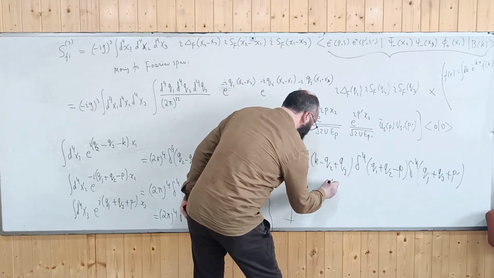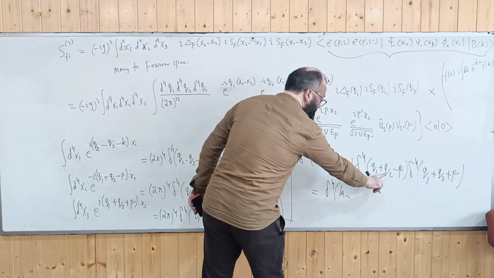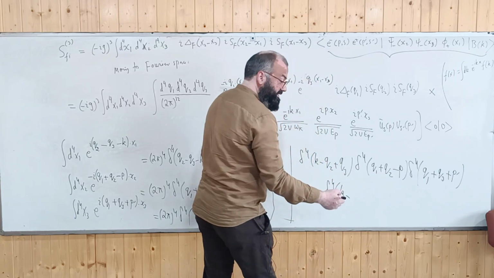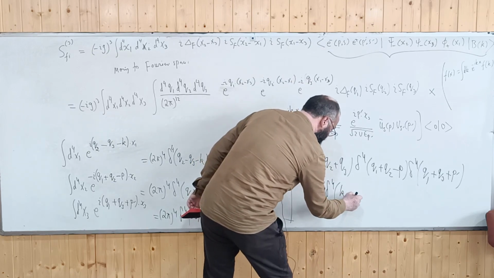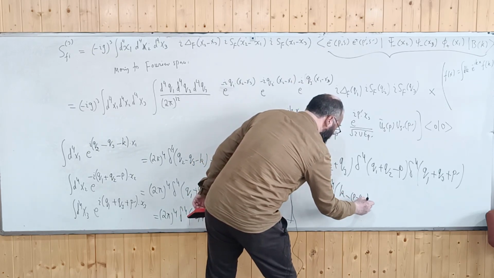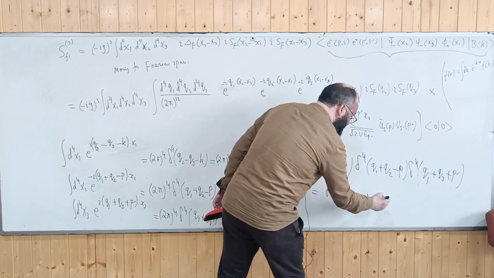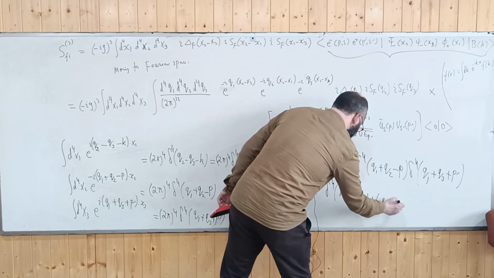So I can write this as delta 4 of k minus... What is the value of q2 from here? So p minus q1. Okay, p minus q1. What is the value of q3 from the other delta function? So it is minus q1 minus q3.